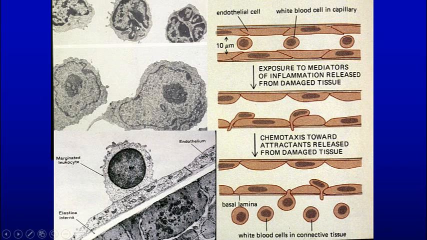plasma cells. And the T cells, we can see what happens when the cells see their antigen. They respond by increasing the DNA, increase cell division, increase in their immune response. And here's this margination. This is marginating, where a white blood cell is attached to the endothelium and it's going to migrate through.